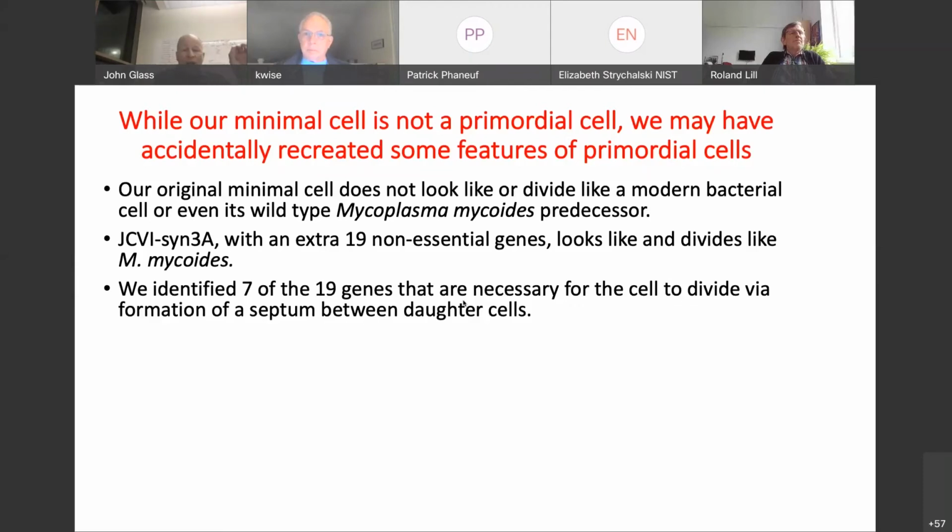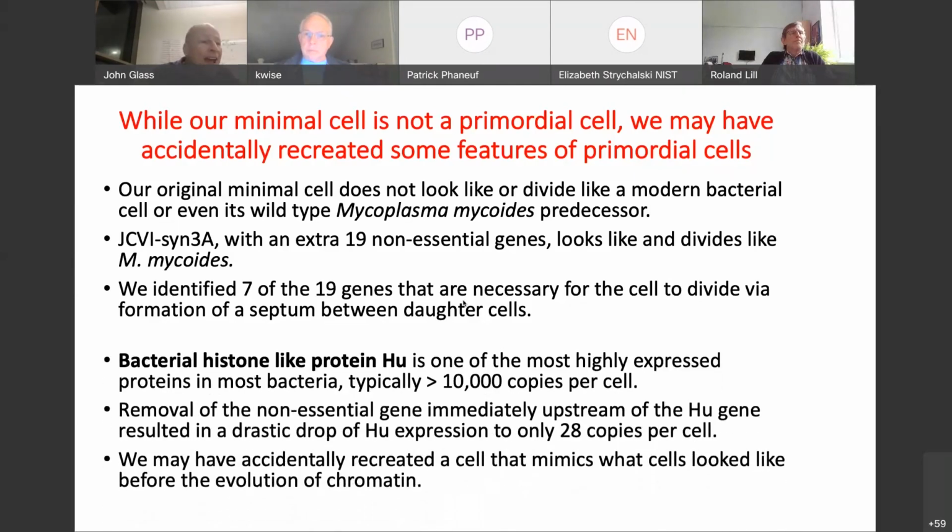Now, what I think we've done is we have in Syn 3.0 a cell that looks like cells before the invention of modern cell division. And then with the addition of these 7 genes, you get a cell that divides like a modern cell. I think this is a great platform for future discovery. Another sort of accidental discovery involves the bacterial histone-like protein HU, which is one of the most highly expressed proteins in almost all bacteria, typically 10,000 or many more copies per cell.